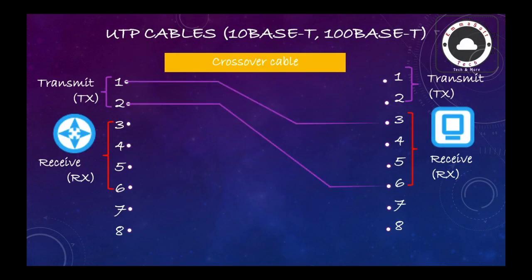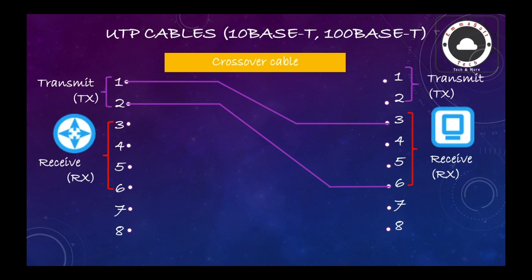Then also the same thing, a PC and a router. Sometimes someone will say router and PCs are different, and we know that straight through cables are used to interconnect different devices. Okay, true, a router is different from the PC physically, but logically, in the pins they use to transmit and receive, they are actually the same.